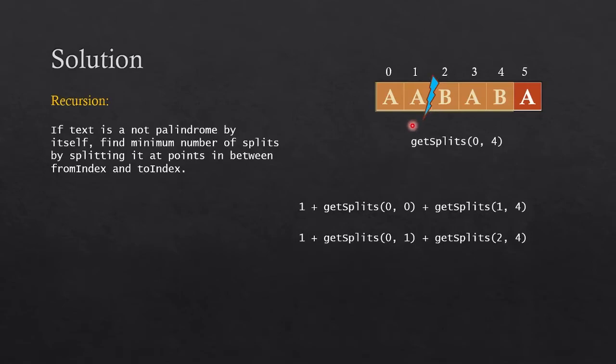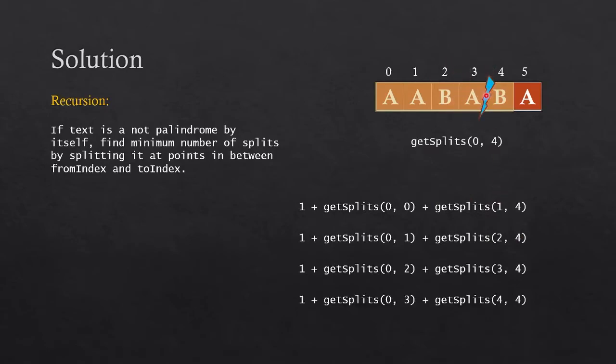Then you split at this point. So this split contributes 1. You find the minimum number of splits required to make 0 to 1 a palindrome, and then you find the minimum number of splits required to make 2 to 4 this string a palindrome. Now you do the same thing for here and the same thing from here.